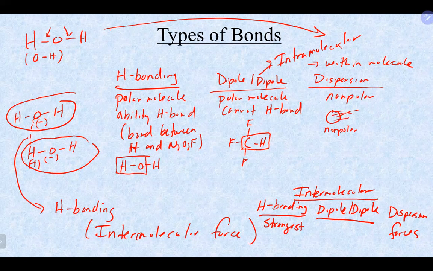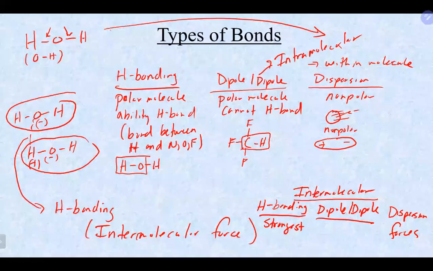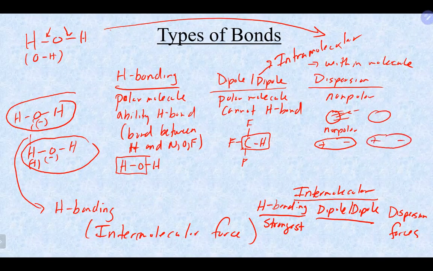When that occurs, that molecule that normally doesn't have a charge will temporarily gain a positive side and a negative side. And if it happens to be next to another nonpolar molecule, it will have the same effect on that molecule. Now, these molecules that normally would not have a way to interact with each other can temporarily interact because of the shift in the electrons. That's what's referred to as polarizability, the ease at which electrons can move from one side to the other.